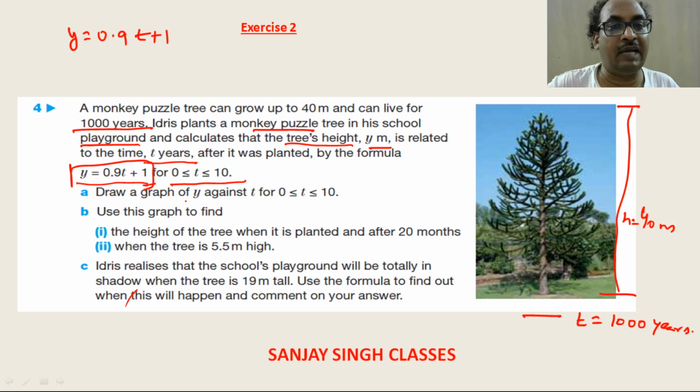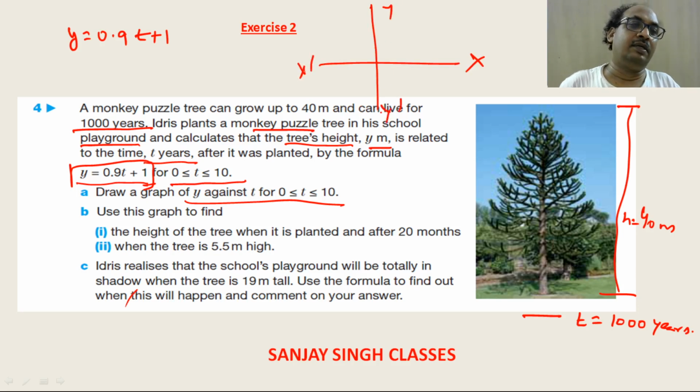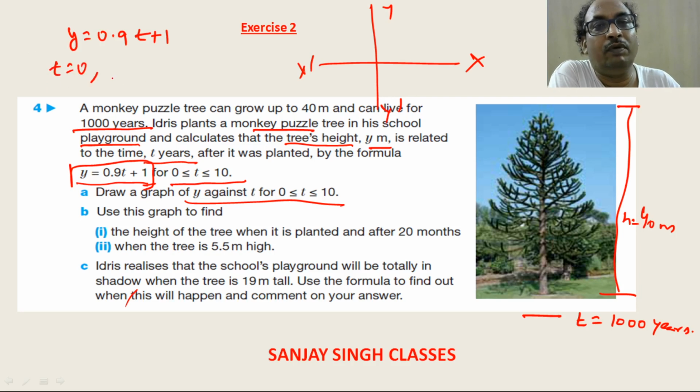Now draw a graph of y against t for 0 to 10. It means we need to draw a graph as we have drawn earlier. Again we will be finding 2 points. Here I am creating 2 points and drawing a rough graph, whereas you will be drawing in graph paper. So if t is equal to 0, then what will be y? So y is equal to 1.